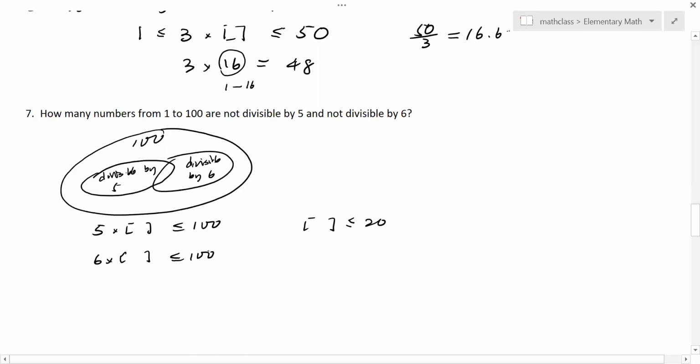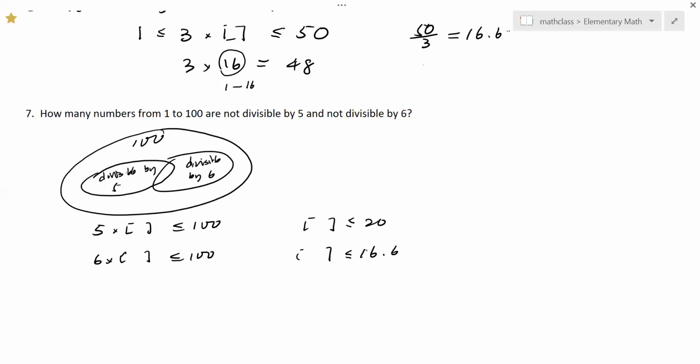Then you have to do 100 divided by 6, which is 16.6. That means I have 16 multiples of 6 from 1 to 100. That's how to get it.